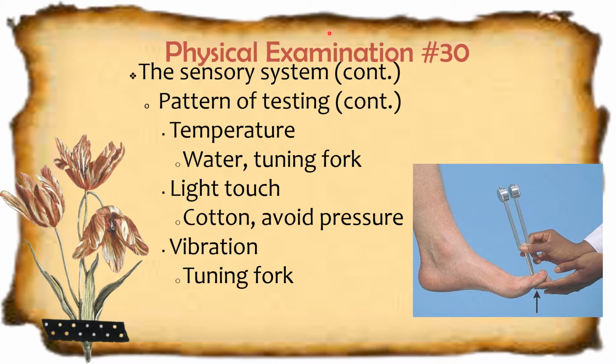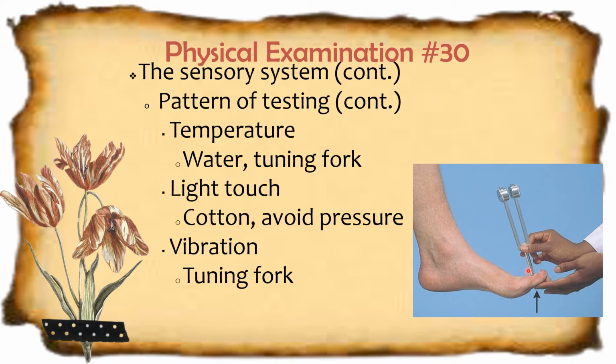For testing vibration, you can use a relatively low pitch tuning fork of 128 Hertz. Tap it on the heel of your hand and place it firmly over a distal interphalangeal joint of the patient's finger or toes, and also over the interphalangeal joint of the big toe.